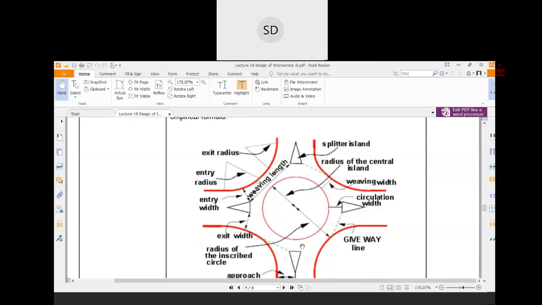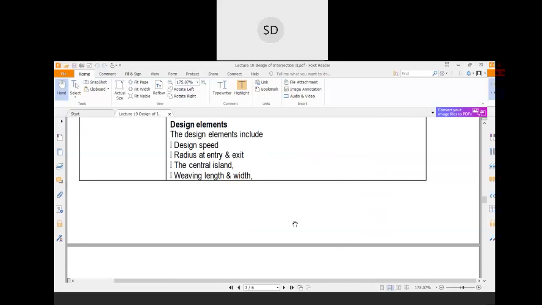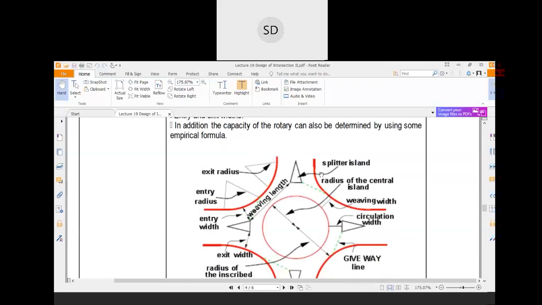Then the shape or size of the central island. The shape is constant, that would be round, but the size of the central island will also affect the design elements of the rotary intersection. Then weaving length and width. This is the weaving length and this is the weaving width.